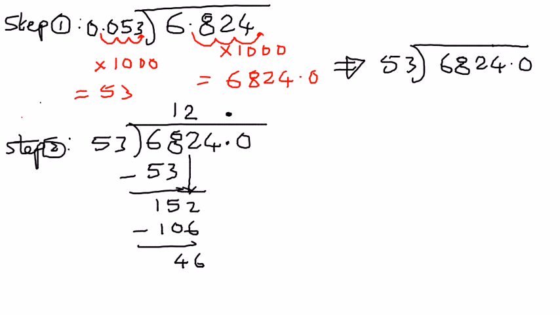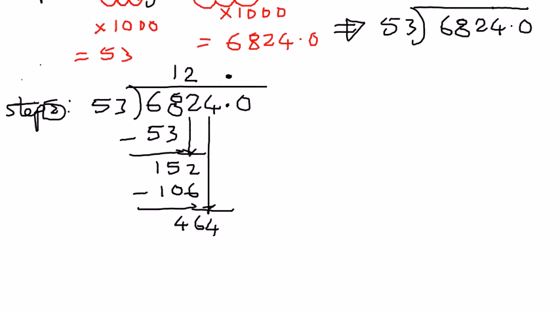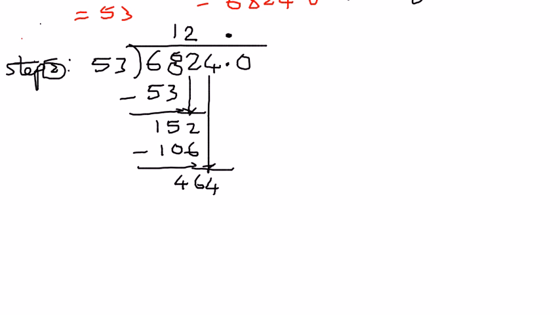Now we bring down the 4, so this becomes 464, and then we recall our 53 times table. 53 times 8 is equal to 424, and when we subtract 424 from 464, the remainder is 40.